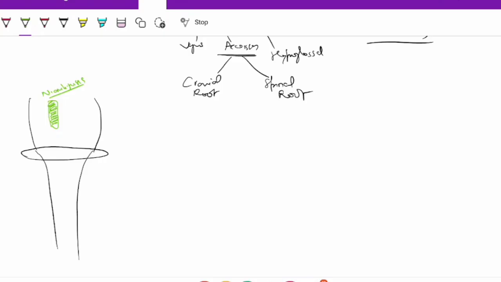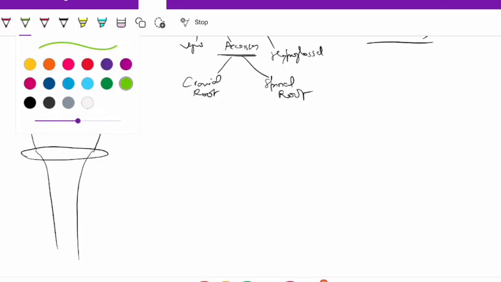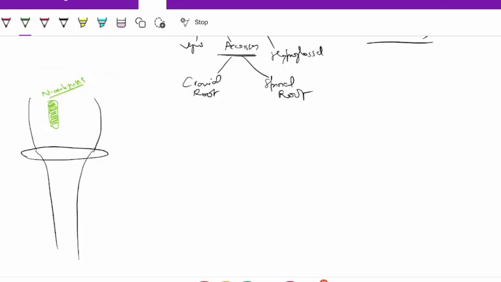So out of nucleus ambiguus, two cranial nerves will originate: one is your 10, another is your 11. I'll draw it with another pen so that it becomes easy. So there is your 9, there is your 10 and 11th cranial nerve, and this is the cranial root of the 11th cranial nerve.